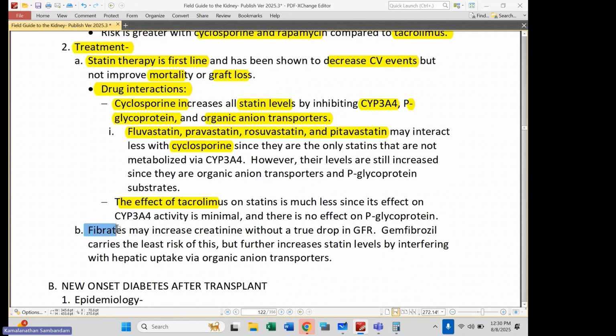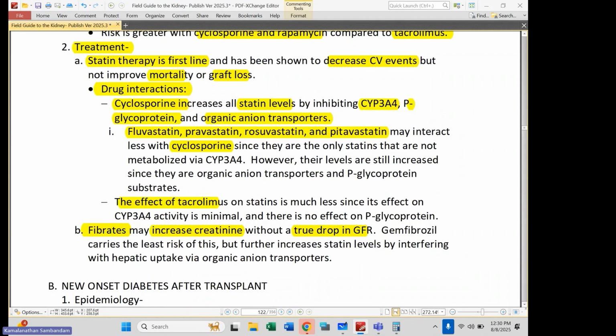Okay, fibrates are sometimes used in the transplant patient when triglycerides are especially high. There is an effect of fibrates on creatinine, particularly fenofibrate. Okay, it can increase creatinine without necessarily dropping your GFR.